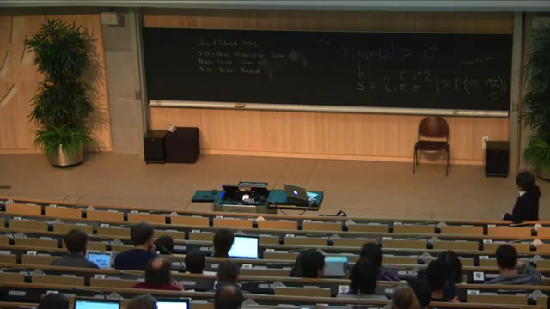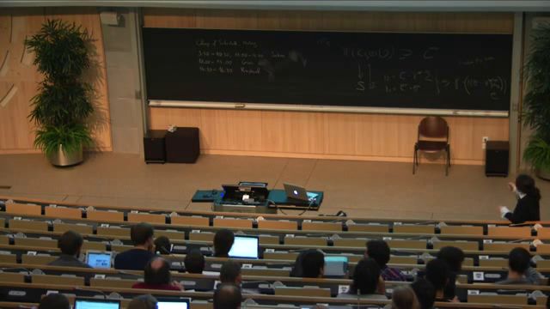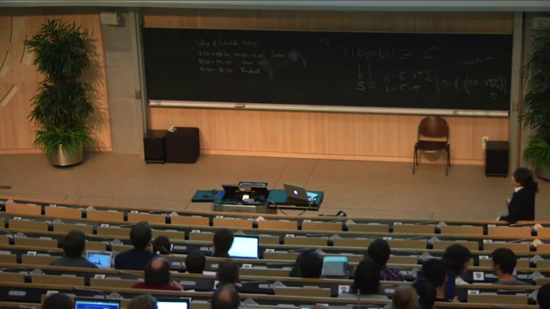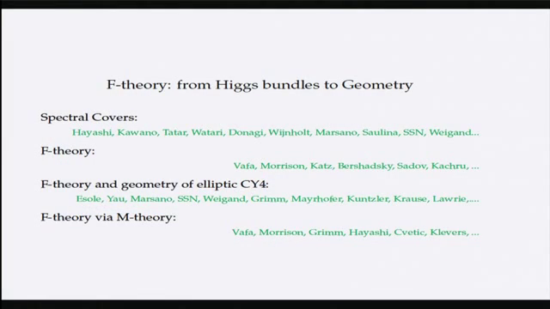But before that, the subtitle for this lecture is From Higgs Bundles to Geometry. There's lots of literature on the side of the spectral covers and how this connects back to the geometry, and of course lots of literature on F-theory. The more specific literature for F-theory and the geometries of the so-called elliptic Calabi-Yau fourfolds, the recent developments relevant for the kinds of questions we're asking here about GUT models, are by these authors here.